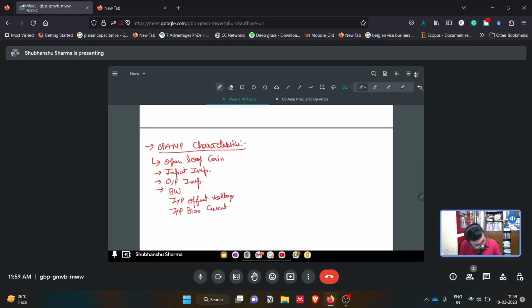These are characteristics of practical op amps.